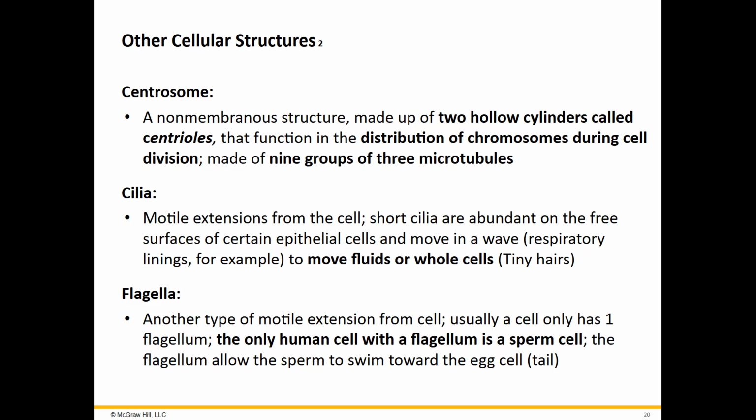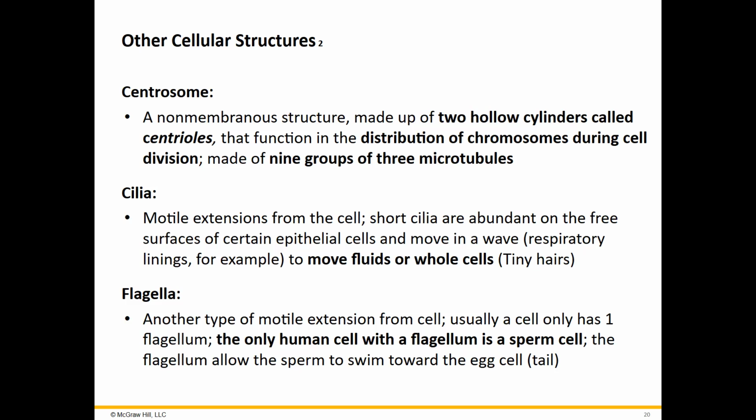The flagellum is unique. Cells that have a flagellum normally have only one, and it's a long, thin tail that helps the cell move through space. The only cell in the human body that has a flagellum is the sperm, and it's the sperm tail. It's what allows the sperm to swim and try to find an egg.